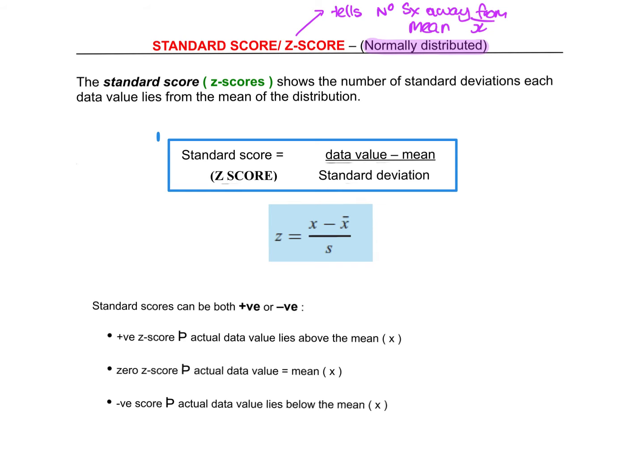So what that means, if we remember back to our bell shape, sorry, mine's a little bit bad here. If you have the bell shape, the Z-score at the mean is actually 0 because you're no standard deviation away from the mean. If you're up here at 1 standard deviation above the mean, your Z-score will be 1.